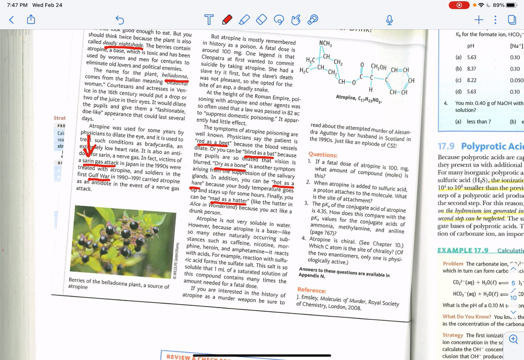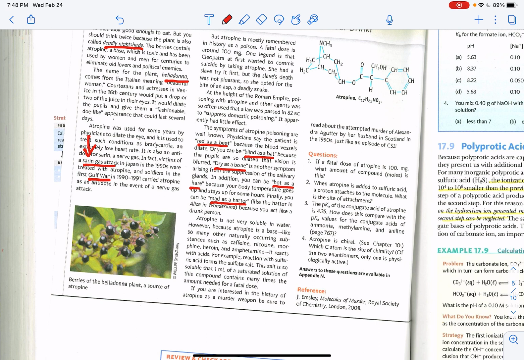But look at all the phrases that come from people that have a little too much atropine. You get very, very red because all your blood vessels dilate, so you're red as a beet. And your eyes dilate as well, so you can't focus. You might as well be blind as a bat. And you get really, really thirsty, so you're dry as a bone.